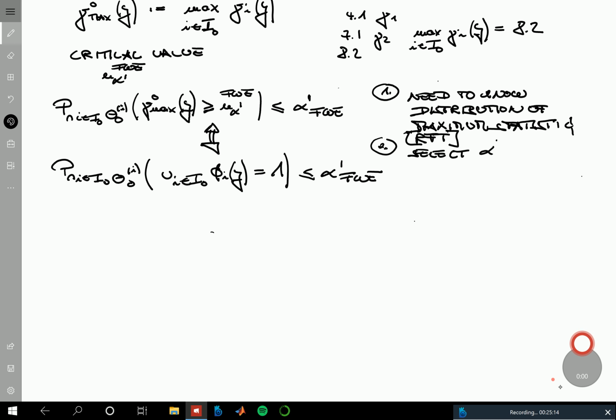If we know this distribution, then we can select some alpha prime FWE, for example 0.05.